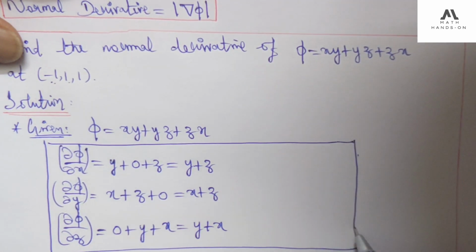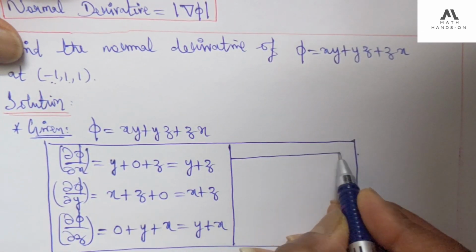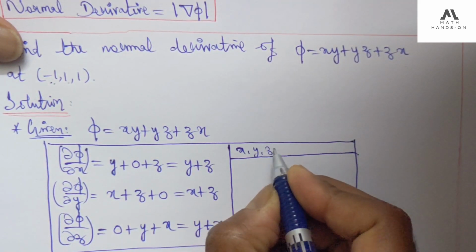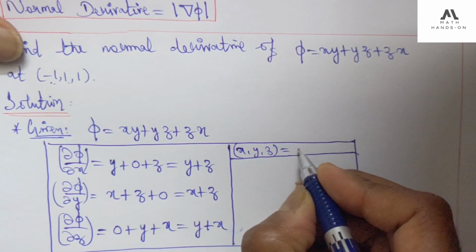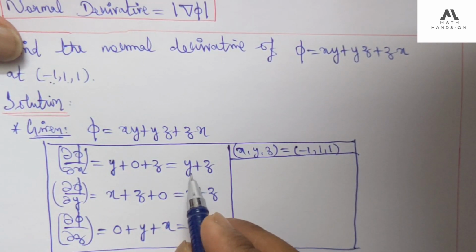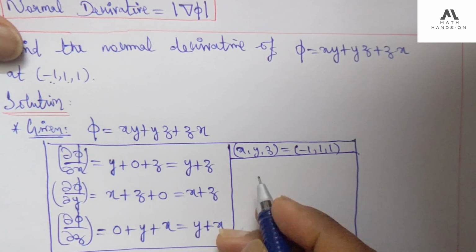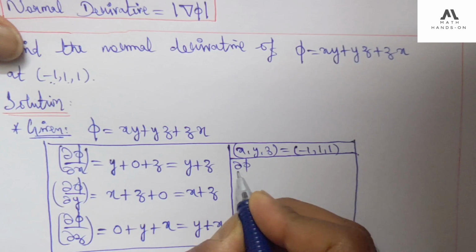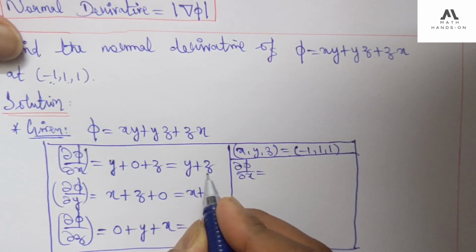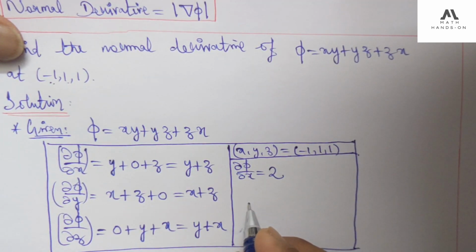Just put the values of x, y, z in place of x, y, z. We get dou phi by dou x equal to y plus z, with y equal to 1 and z equal to 1, we get 2. 1 plus 1 is 2.